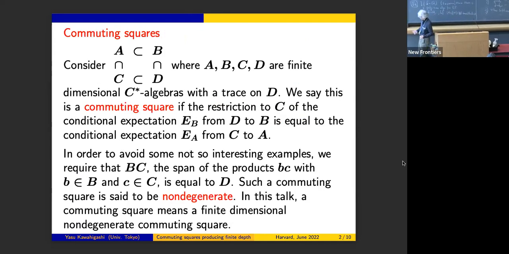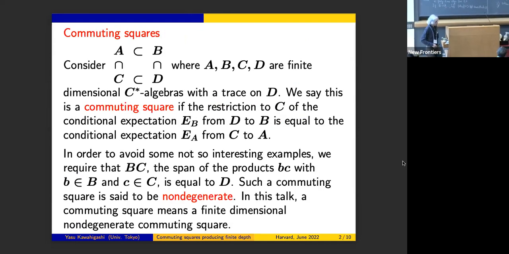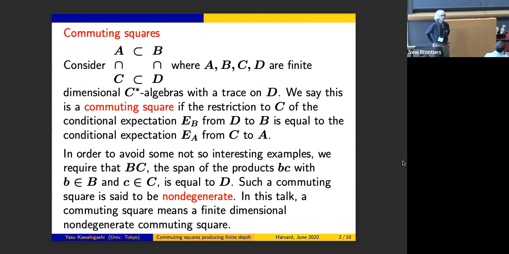So commuting squares look like this. We have four algebras, finite-dimensional C-star algebras, A, B, C, D. They are just finite direct sums of full matrix algebras. And we have a trace on D, the largest algebra.